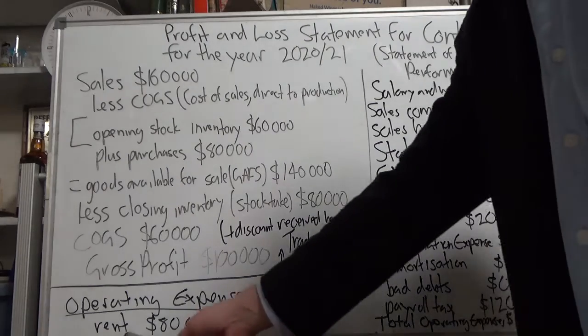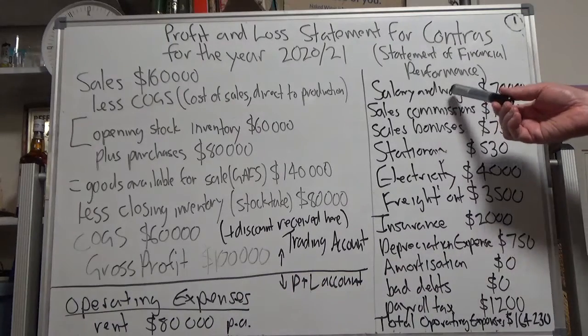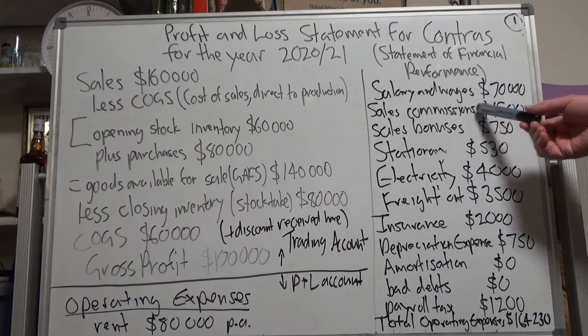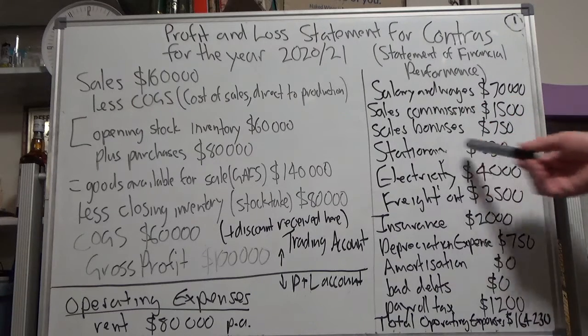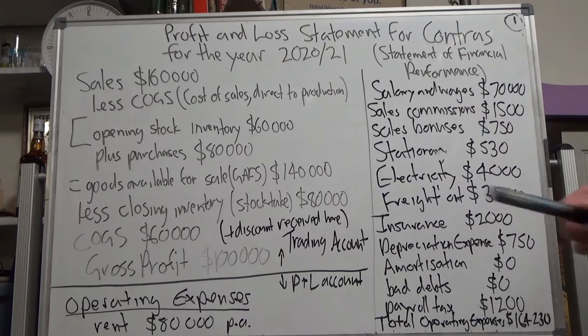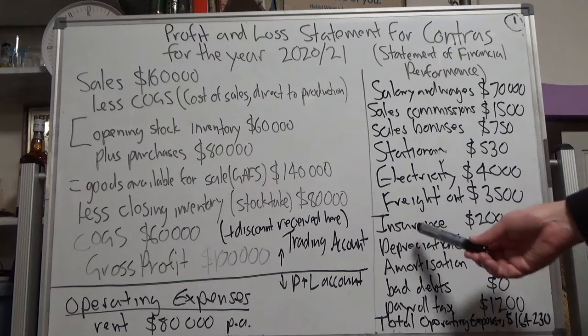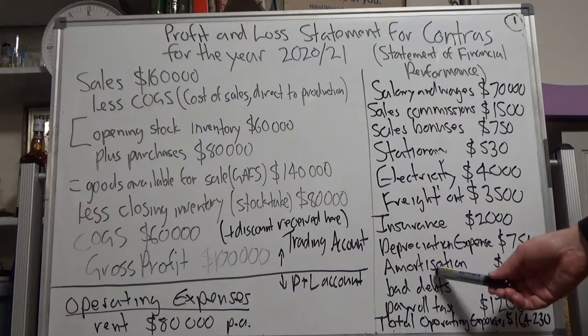So one operating expense is rent, 80,000 per annum. Continuing over here, salary and wages is in operating expenses, so is sales commission, sales bonuses, stationery, electricity, freight out, freight going out from your company, insurance, and depreciation expense is here too.